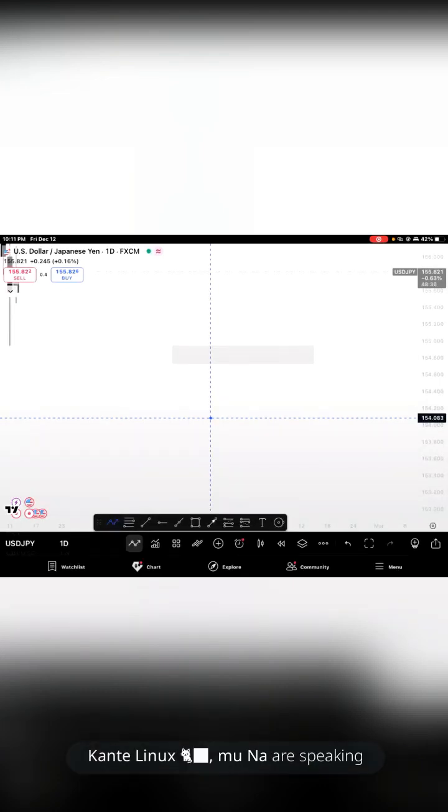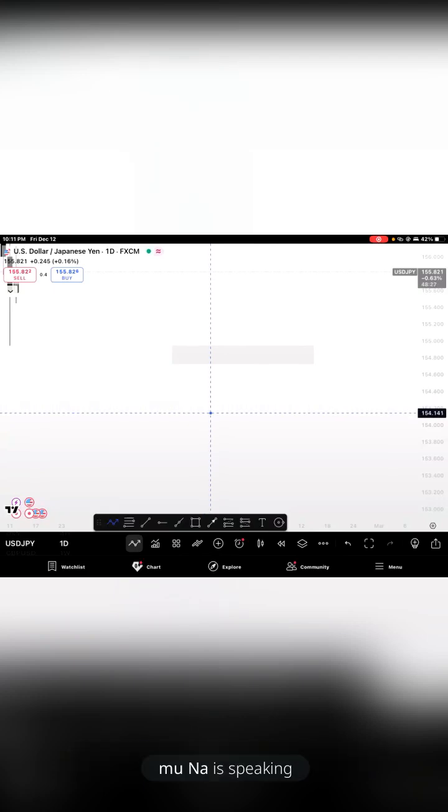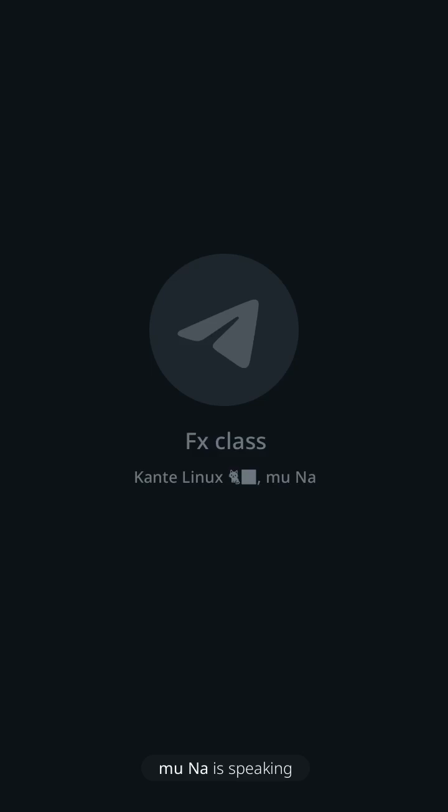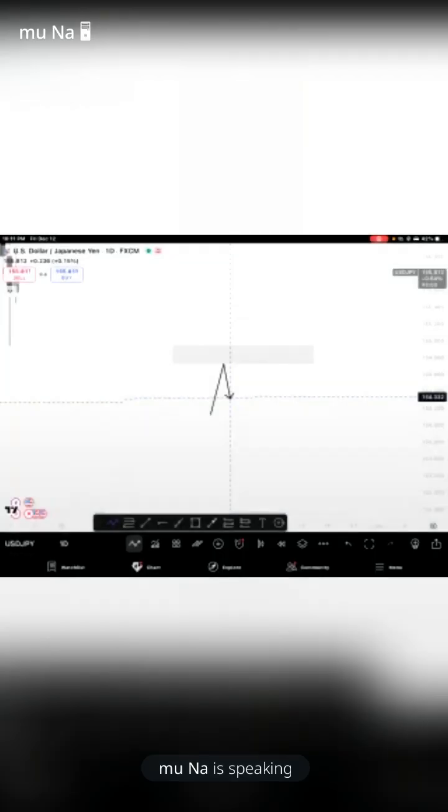When the 4 hour candle comes to that weekly zone or the daily zone, whichever you marked out, price should reject it, and then the 1 hour should give you a new break of structure to the downside if you're looking for sells, or a break of structure to the upside if you're looking for buys. So you should do something like this, and then like this.